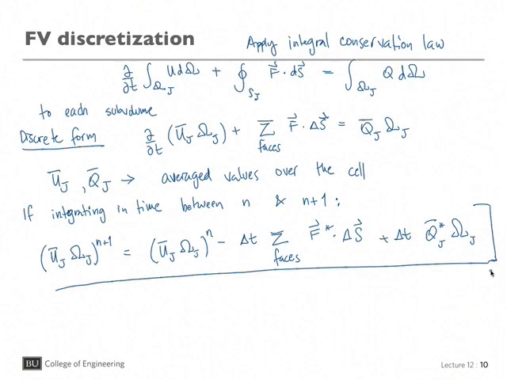So now our cell average values, I'm going to write them out. The cell average values that we have there, u bar j, q bar j, and also the star values are integrated in time. So let me write these out in the next slide. So the cell average quantities are u bar j.